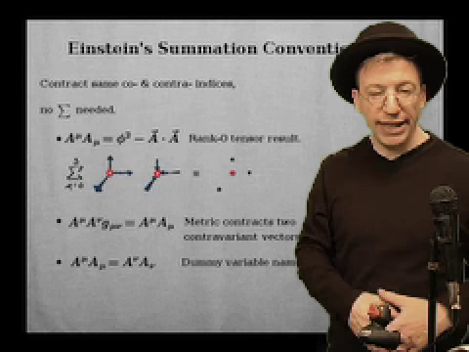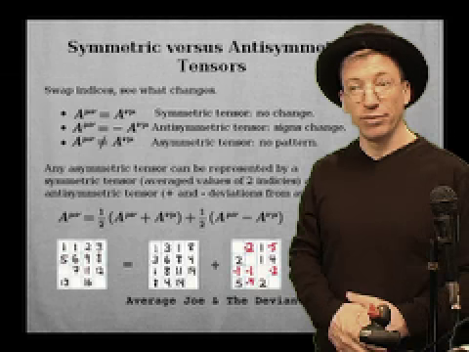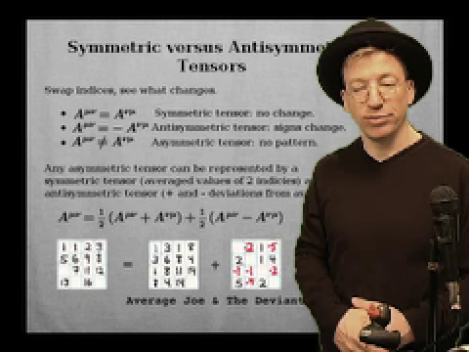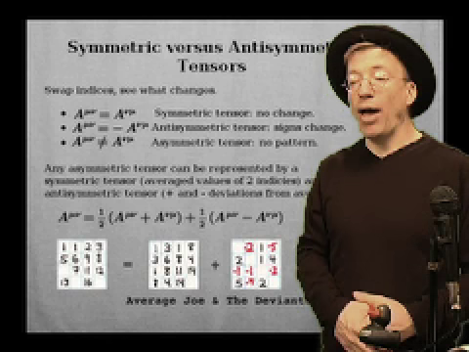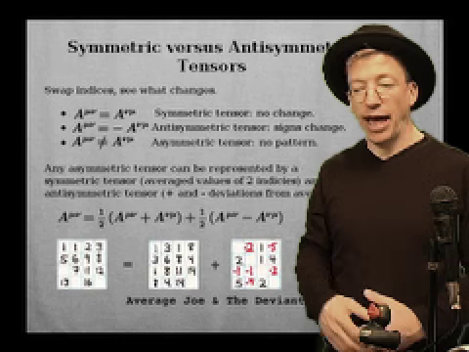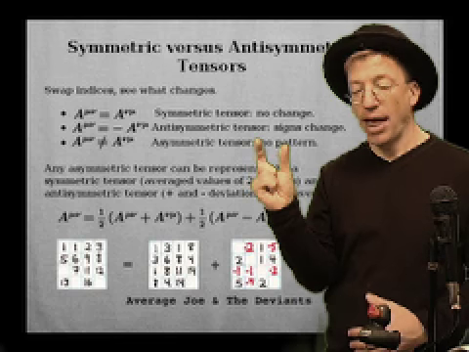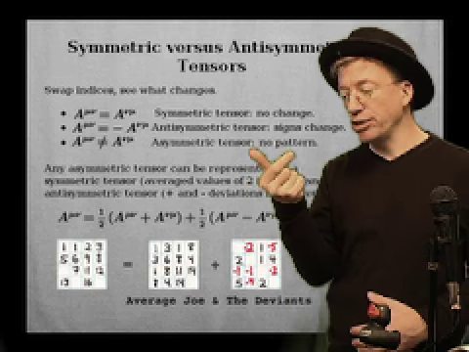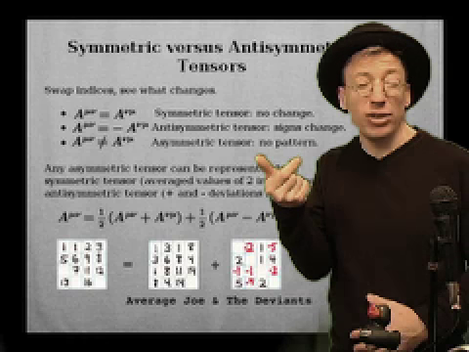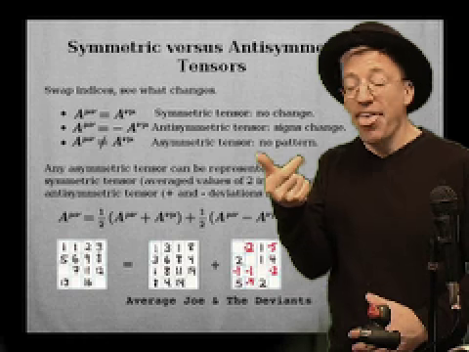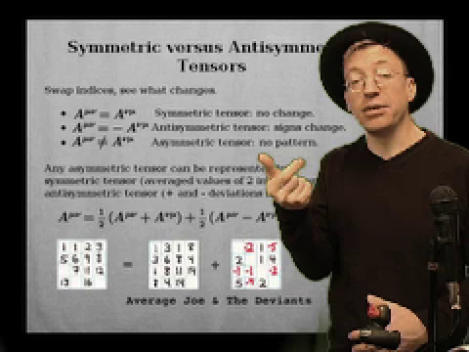Okay, so what is a symmetric tensor and what is an antisymmetric tensor? Well, if you have a rank 2 tensor and it's got these 2 indices and you exchange them and absolutely nothing changes, then what you have is a symmetric tensor.